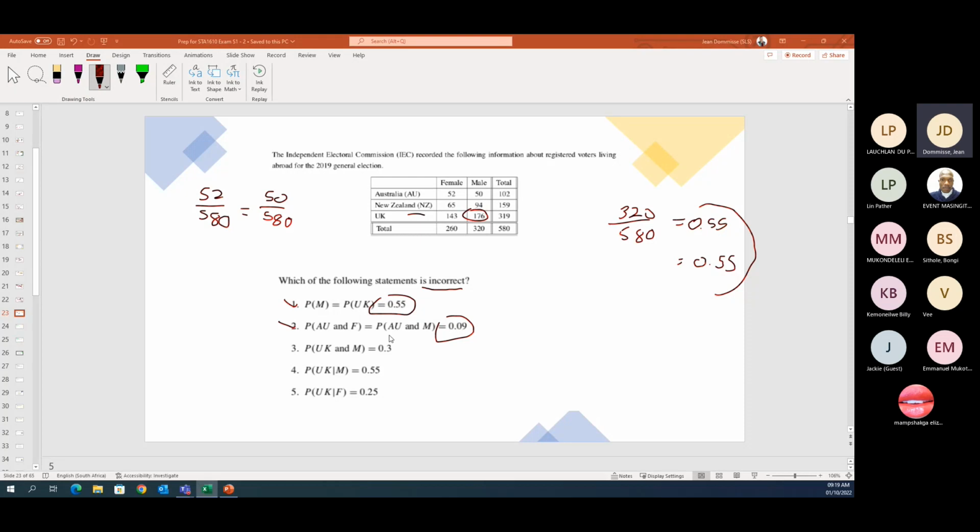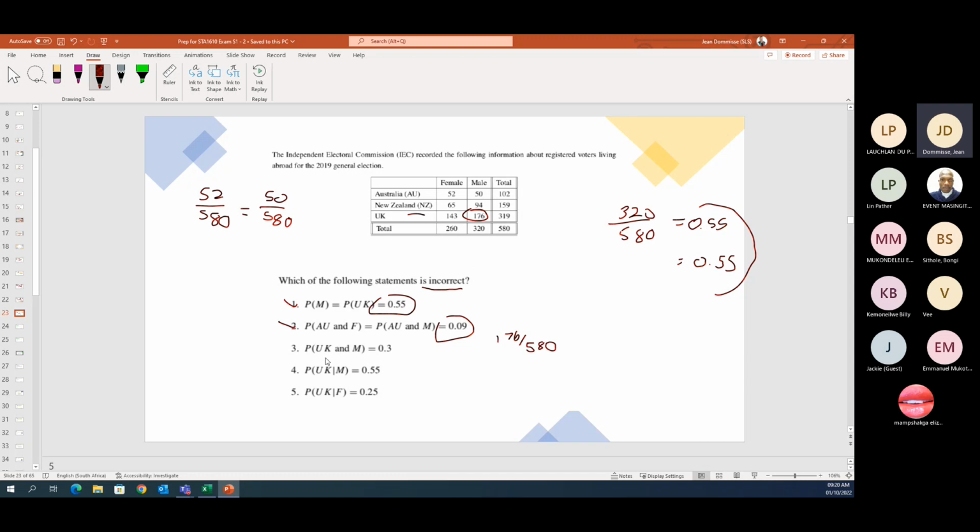So now suddenly there's only 1 decimal. Remember, divided by the 580. They haven't told us, in this instance, it is UK and male given male or anything like that.